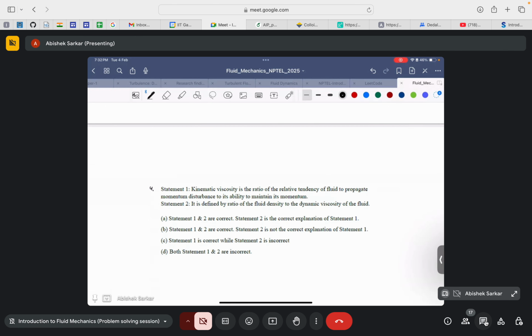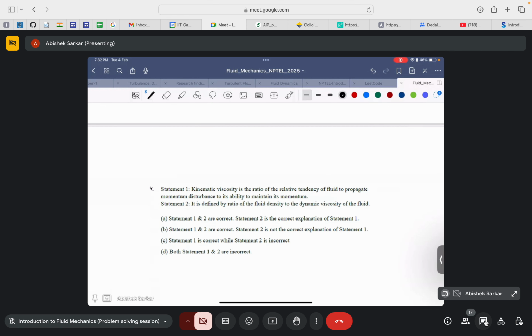If for this liquid the power law index n is 0.8, then by what percentage will the apparent viscosity change on increasing the shear strain rate by 5 times?